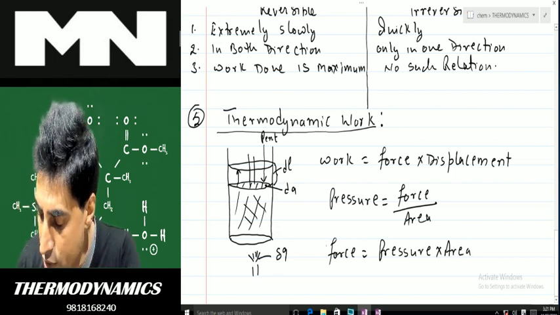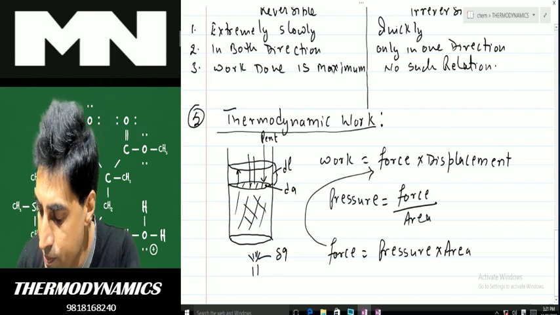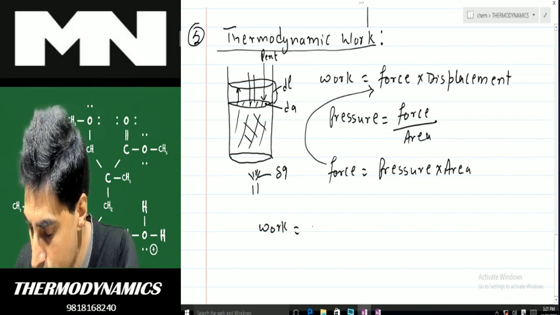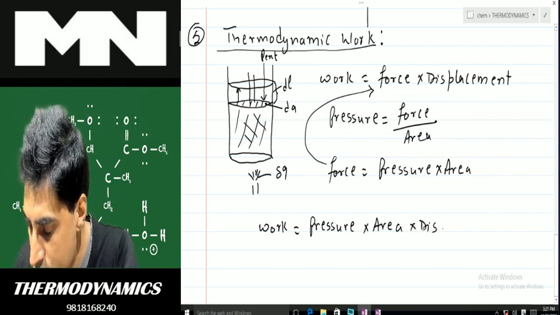Now I'll put the value of this force here. The equation I will get is work is equal to pressure into area into displacement.